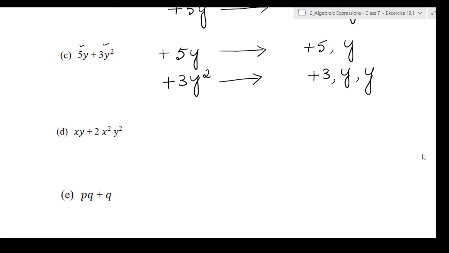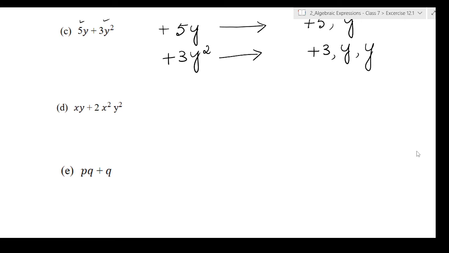The next is xy plus 2x square y square. Now here this is also a binomial, a two term expression. Which is the first term? xy. If there is no number, it is 1, correct? And the second term is 2x square y square.